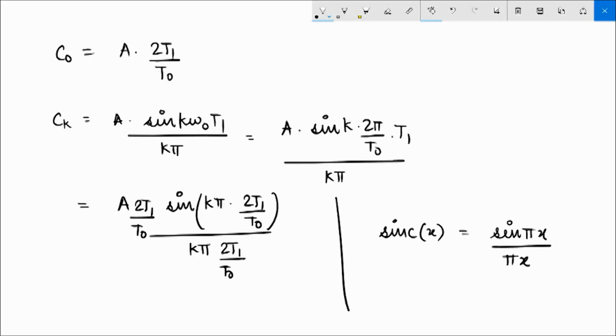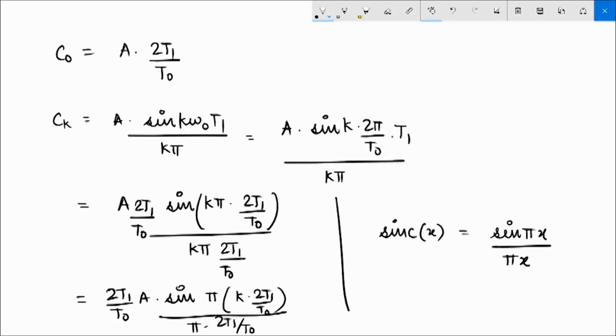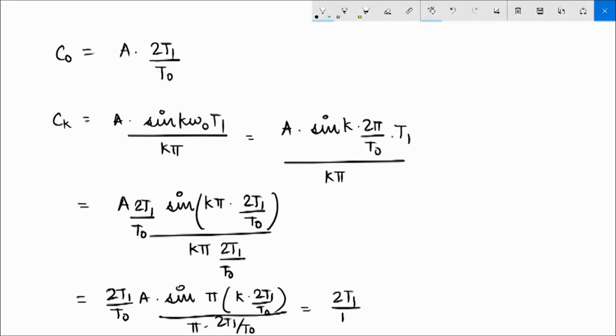If I multiply and divide by 2t1 by t naught, this becomes 2t1 by t naught into a sine pi into k 2t1 by t naught upon pi k 2t1 by t naught, and I can simply write this as 2t1 by t naught a sinc of k 2t1 by t naught.